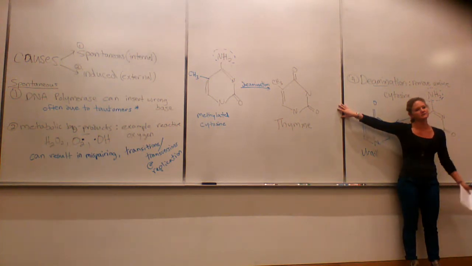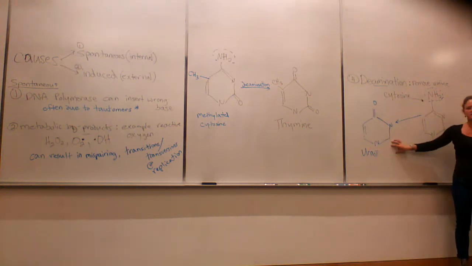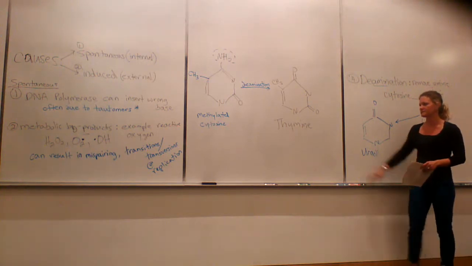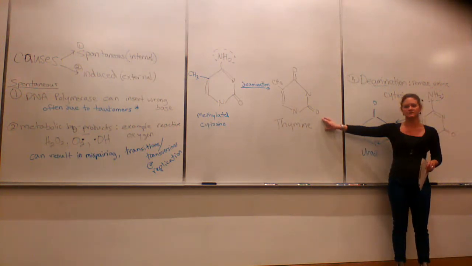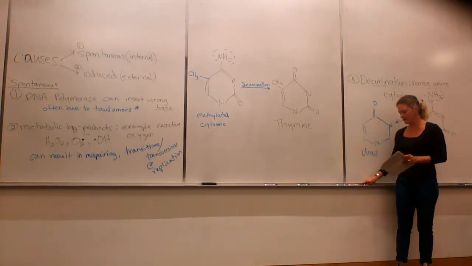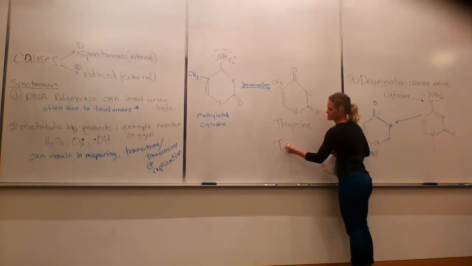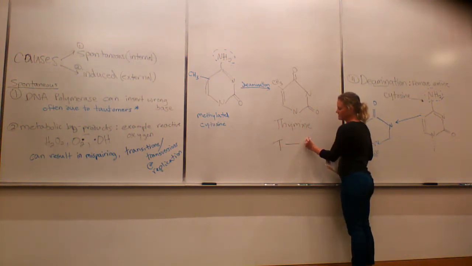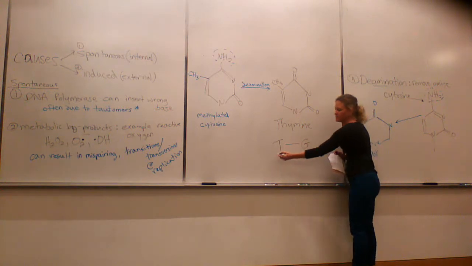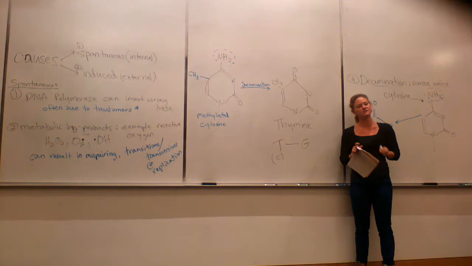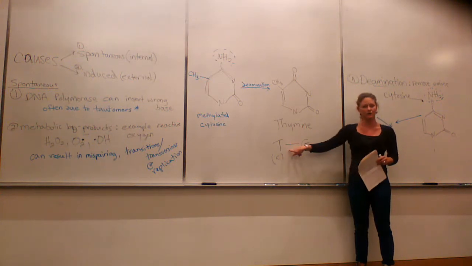So repair mechanisms can pretty easily see uracil and say, okay, that's wrong. But they can't necessarily tell that this isn't supposed to be a T to begin with. So now you should have in your chromosome a T paired to a G, right? Because once this was a C that was methylated, that was paired to a G, but now you have a T paired to a G, which clearly is wrong.